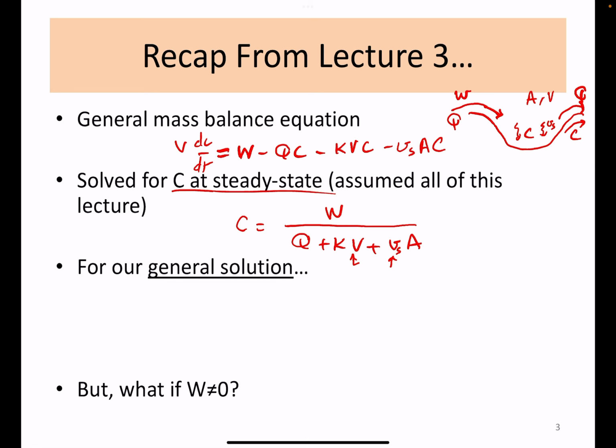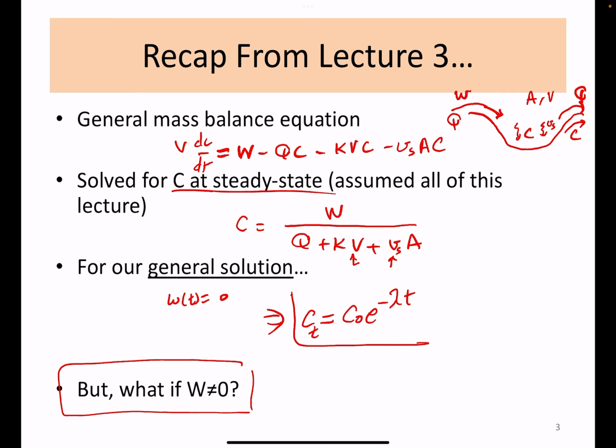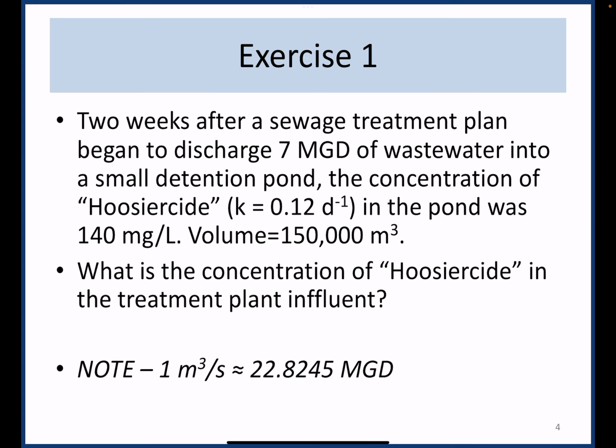And for our general solution, when the loading W is equal to 0, then the concentration at any time t is equal to the initial concentration times e to the power minus lambda t. But in reality, W is not equal to 0. So that's why we will have to check what type of loading we have and what type of information we have. But before we do this, let's just solve an example.